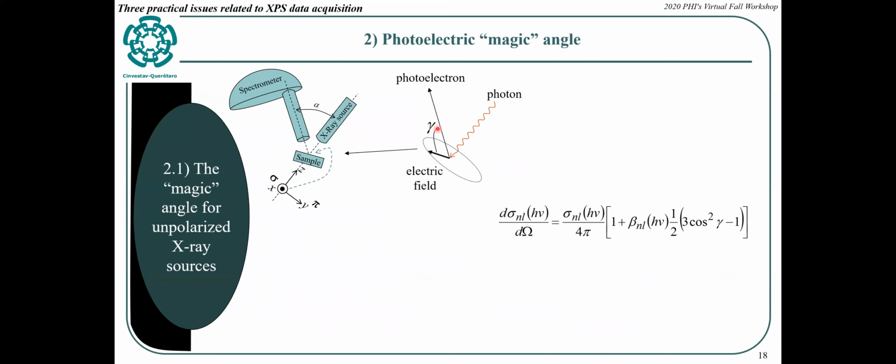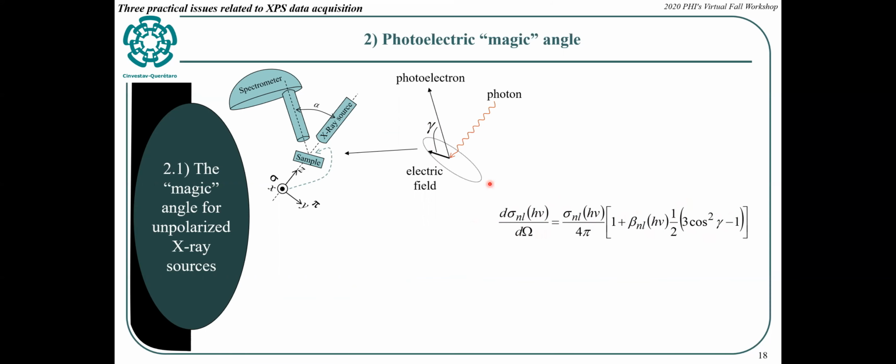This angle we call gamma, and the cross section is important for quantifying composition. The differential cross section has to do with the total cross section, with the asymmetry factor, and also with the angle gamma in this way.